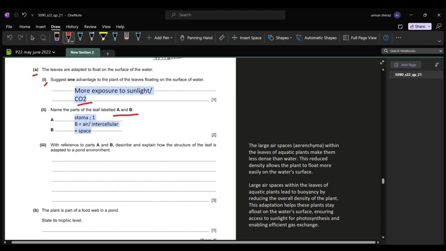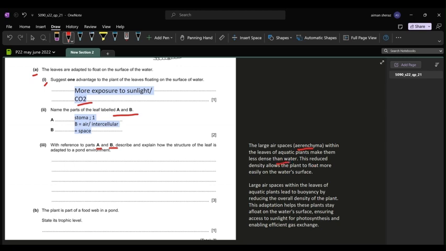Part 3. With reference to parts A and B, describe and explain how the structure of the leaf is adapted to a pond environment. So, by referring to stoma and air spaces, we have to describe and explain how the structure of the leaf is adapted to a pond environment. So, the large air spaces, also known as the parenchyma, are present in the aquatic plants to make them less dense than water.